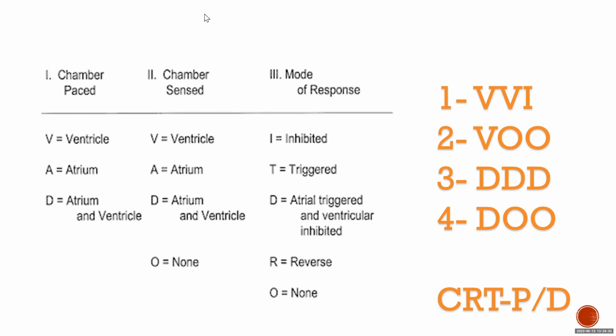If the patient is in sinus rhythm, it really depends on whether you think they're going to benefit from atrial kick or not. So let's say a 90-year-old bedridden patient with heart block, and you're going to implant VVI or DDD, probably VVI, because they just need something to prevent asystole, really.